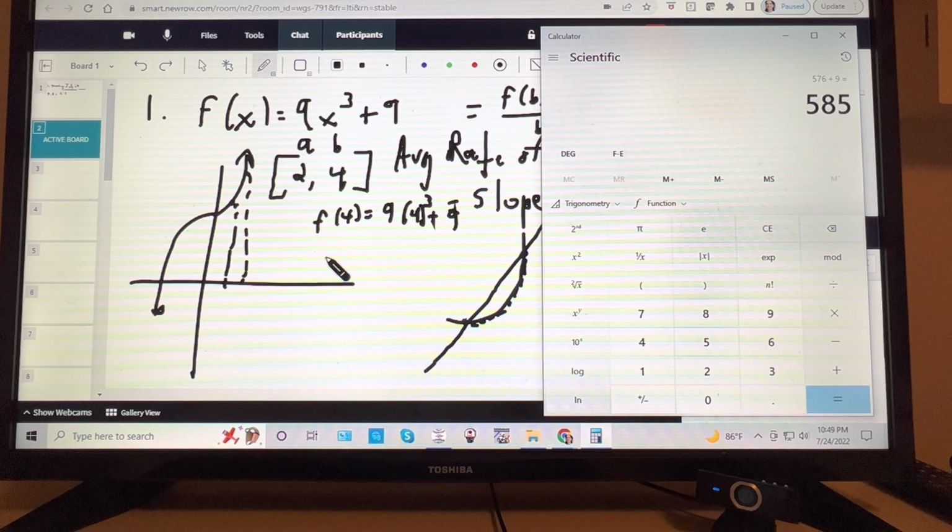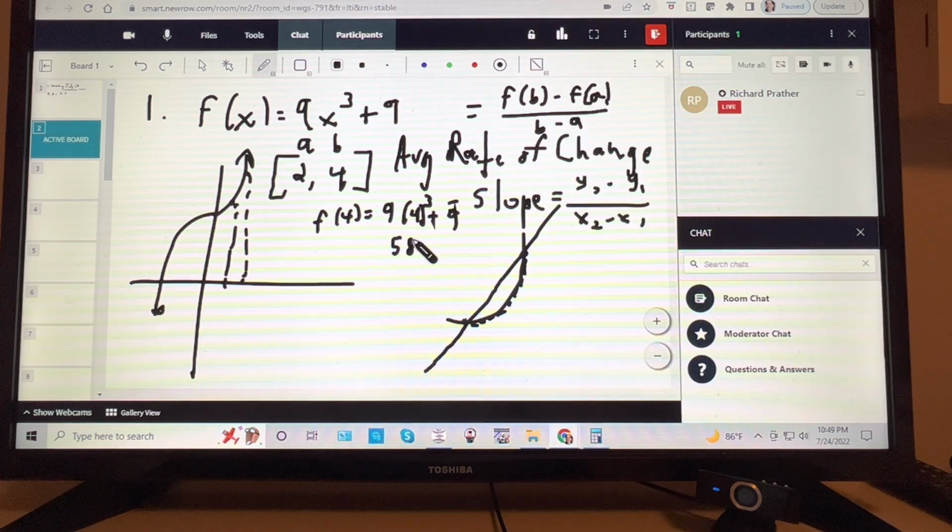So f of 4 is 585. And then if I do f of 2, 9 times 2 cubed plus 9, sorry. 2 cubed is 8. 8 times 9 is 72. 72 plus 9 is 81.